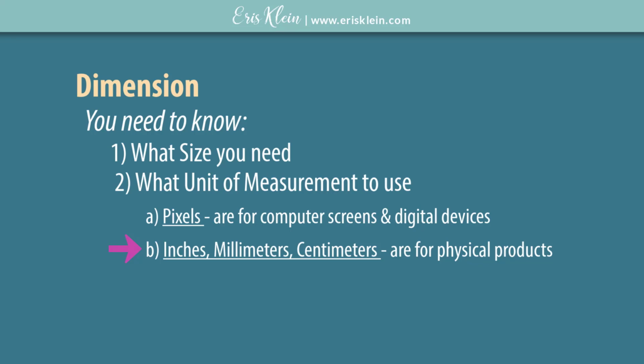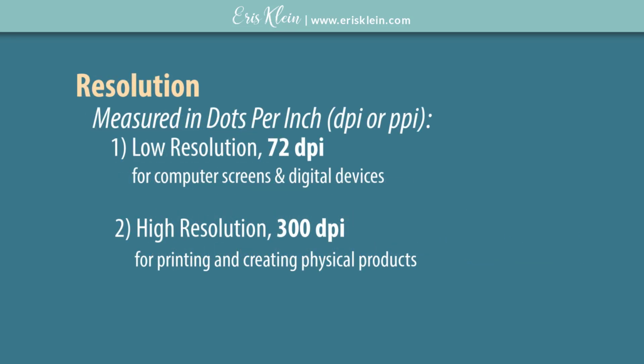Now when I use a printer that prints fine art prints, they always ask me for inches or something in the metric system. All right, and then the next item is resolution. Resolution is measured in dots per inch, or sometimes you'll see pixels per inch. So if you see DPI or PPI, that's resolution.